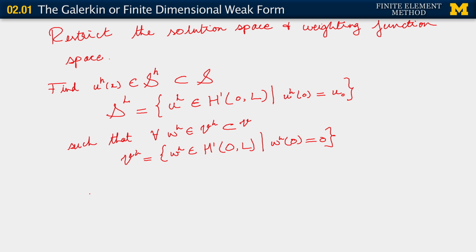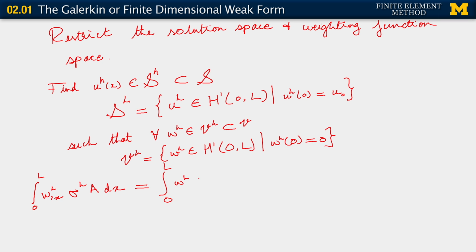What do we want? We want that the weak form still be satisfied, except that now the weak form is an approximate weak form. It is a finite dimensional weak form. Okay, and it's finite dimensional because it is computed with these finite dimensional functions. Okay, the first term looks just as before, except that all functions are evaluated with the finite dimensional versions. Okay.